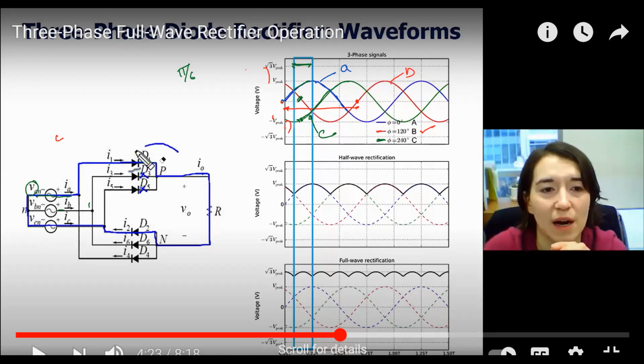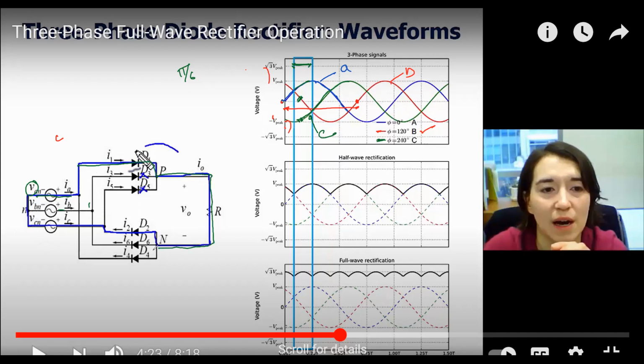Which diode? Tell me. D1, D2, or D3, or D5? D1. Okay, then the current will flow like this.